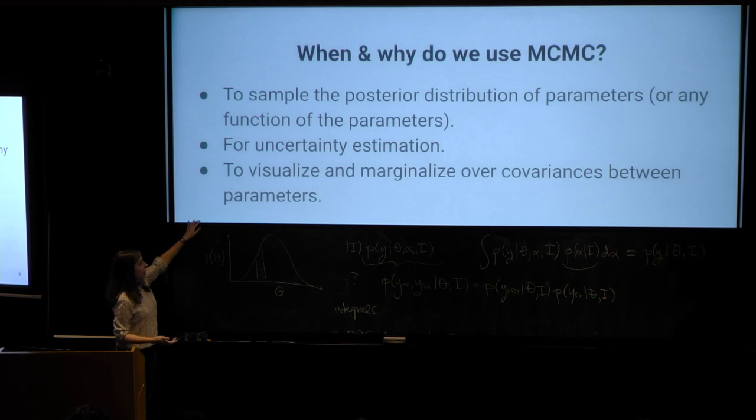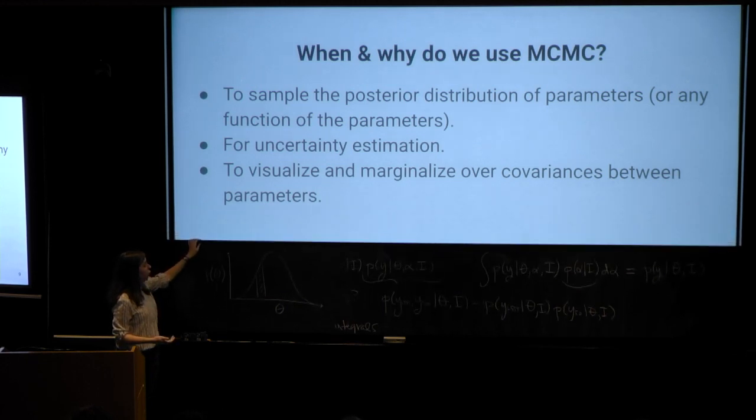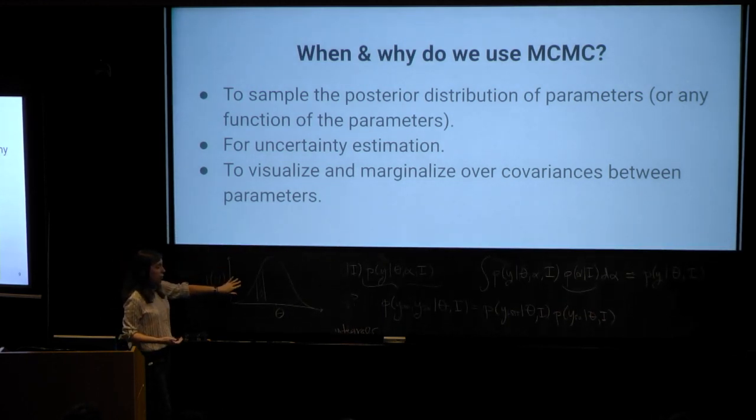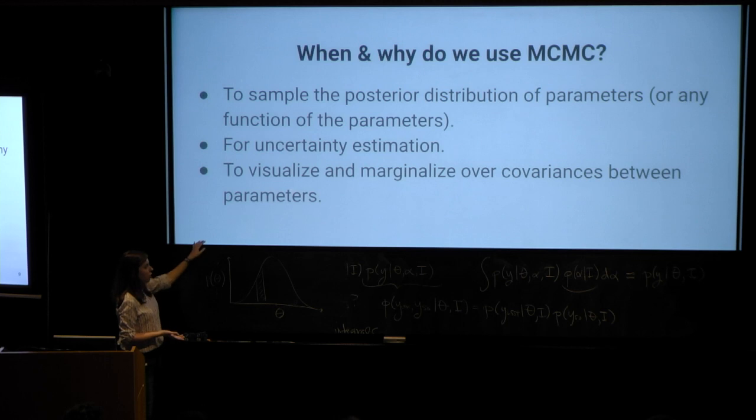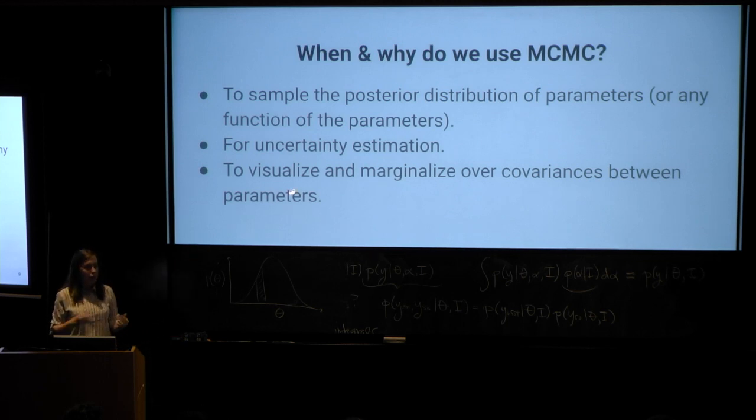Another related thing is you don't only get the posterior distribution of a given parameter, you're also exploring the entire parameter space at once. So when you have a model that has several different parameters that may depend on each other, you can see, if you change one parameter, what does that do to the likelihood of the other parameters?